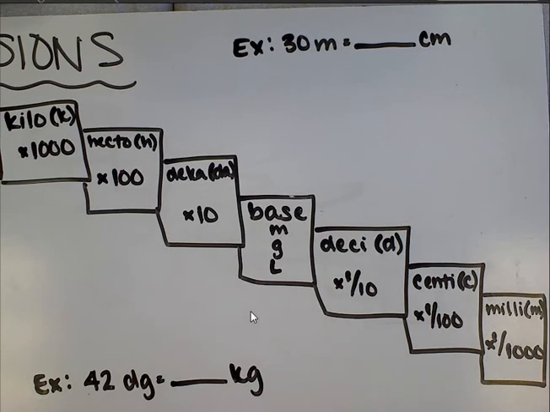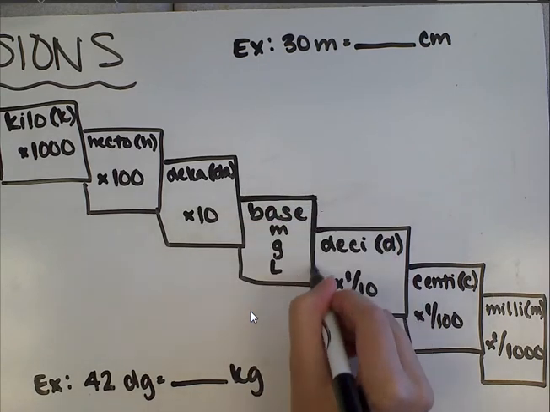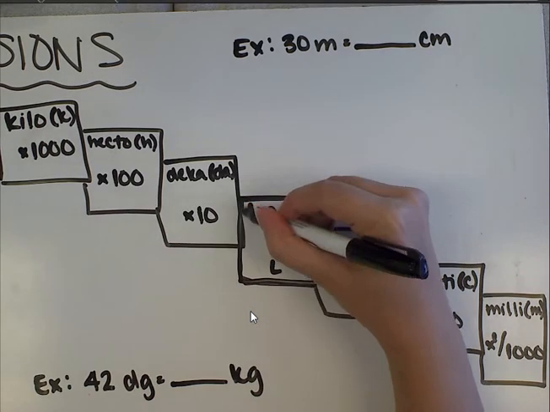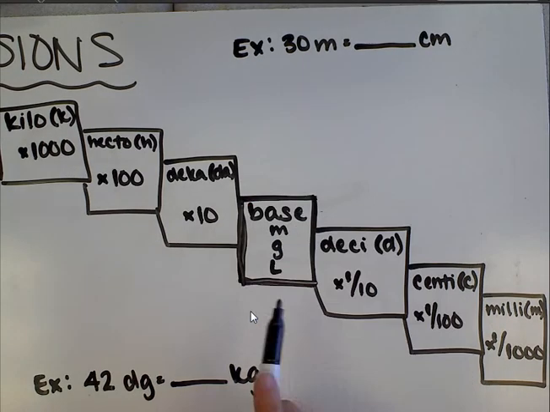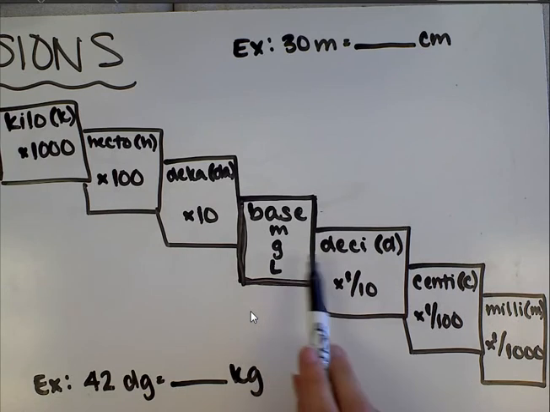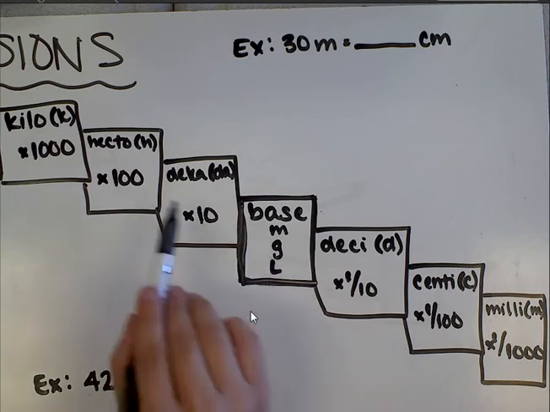So our base units, the meters, the grams, the liters, etc., are all right here in the center. Okay, so this center step represents our base units. And then if we want to be talking about small fractions of a meter, small fractions of a liter, etc., we can add one of these prefixes over to the right, lower on the scale. If we want to be talking about this many hundreds or thousands of these units, we can move to the left, up on the scale.